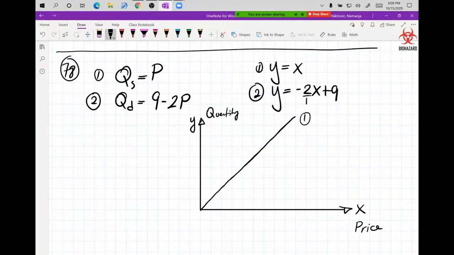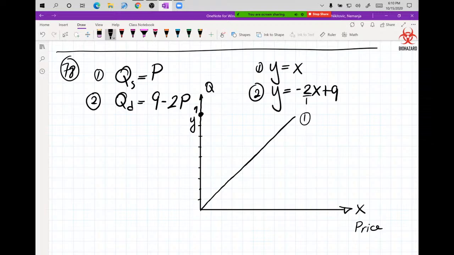Now equation 2 has us go up 9 and then do the negative 2 over 1 drop. So 1, 2, 3, 4, 5, 6, 7, 8, 9.